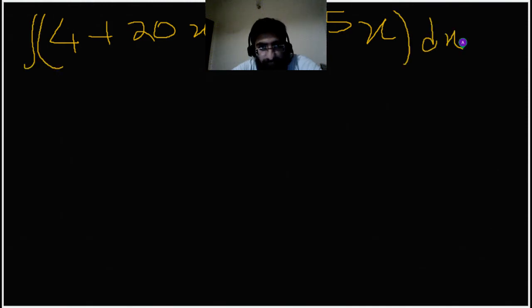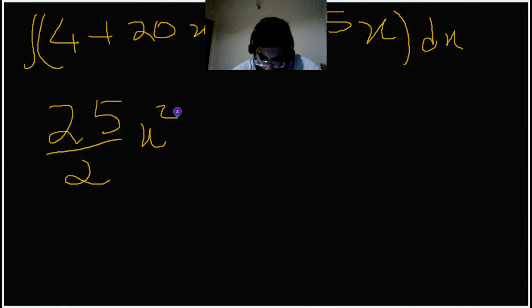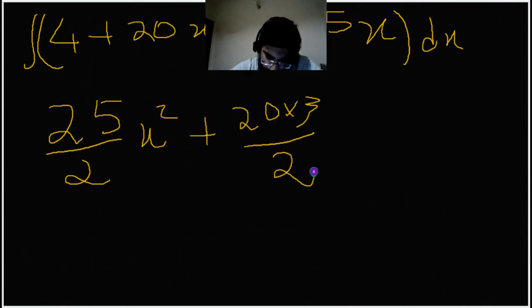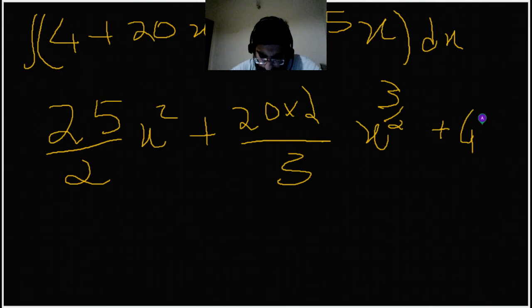So then we start from the other side. 25 by 2x squared plus 20 into 3 by 20 into 2 by 3 x 3 by 2 plus 4x plus c.